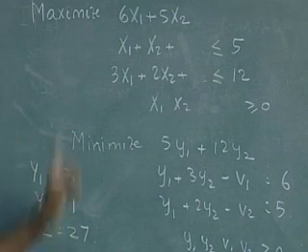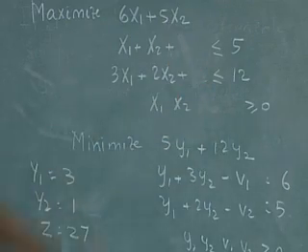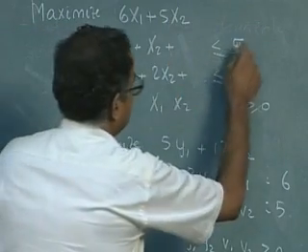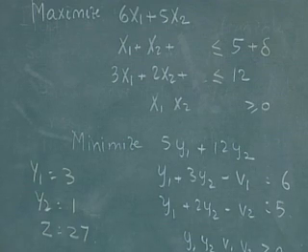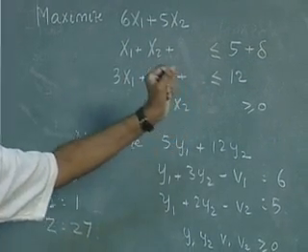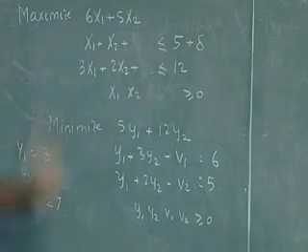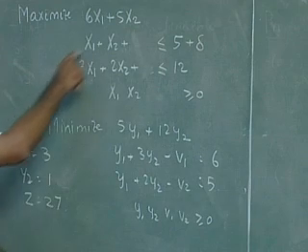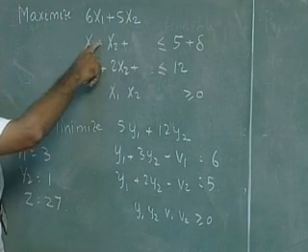Now let us assume that we know the solution to this problem and so on. Let us assume that this right hand side increases by a small quantity delta. We make this delta very small, and we assume that when this becomes 5 plus delta, remember that x1, x2 are the basic variables here at the optimum, which we know.